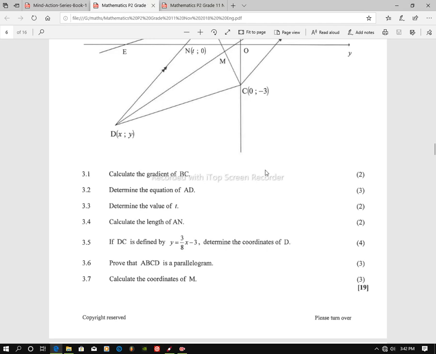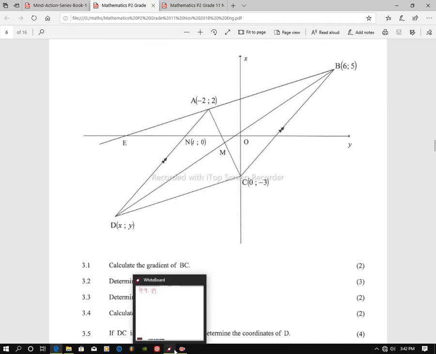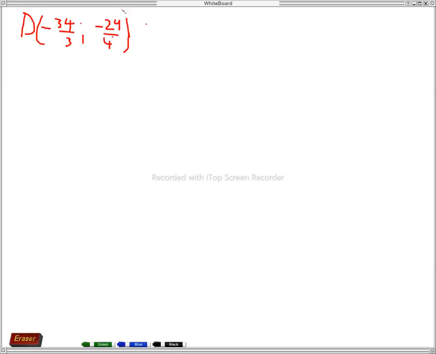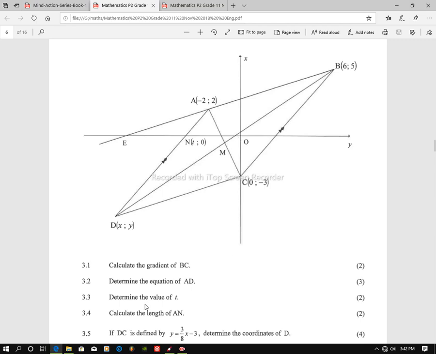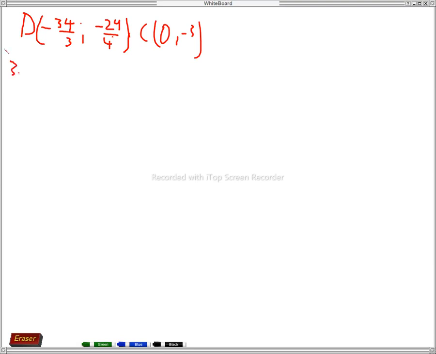It's very nice. C again is 0 and negative 3. Remember we are proving for a parallelogram, 3.6. So let's first find the gradient of DC.